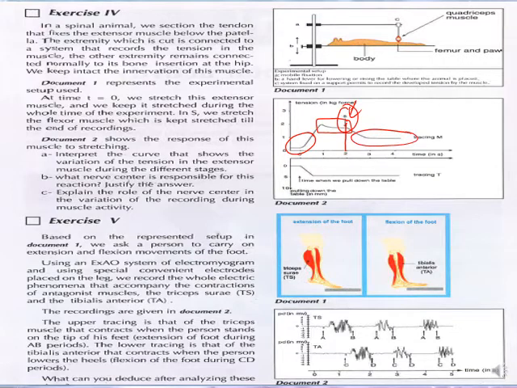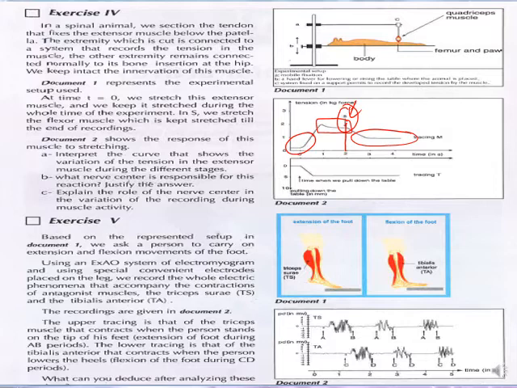This means there is an adjustment of the contraction of the extensor, which becomes less contracted following the stretching of the flexor. What does this indicate? This indicates that the tension in the extensor muscle is inversely proportional to that of the flexor muscle.